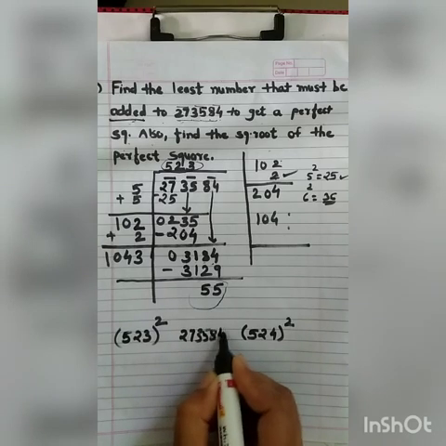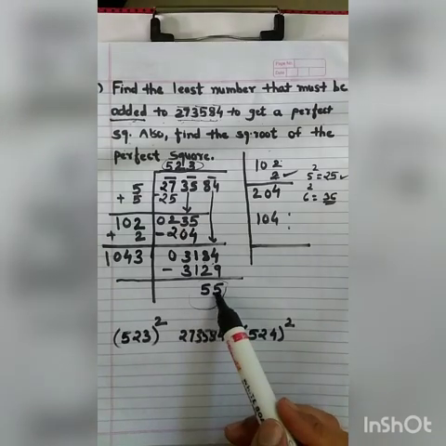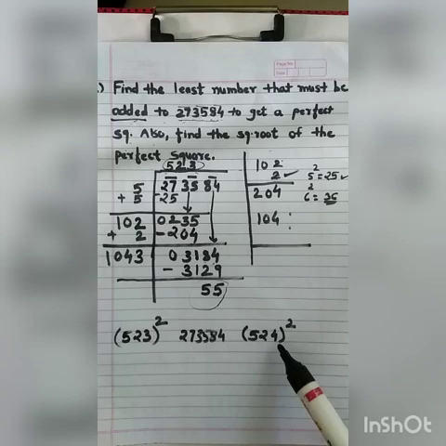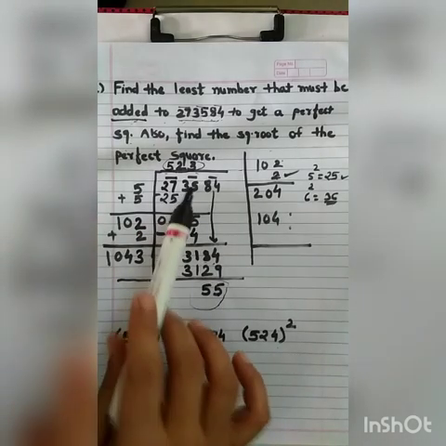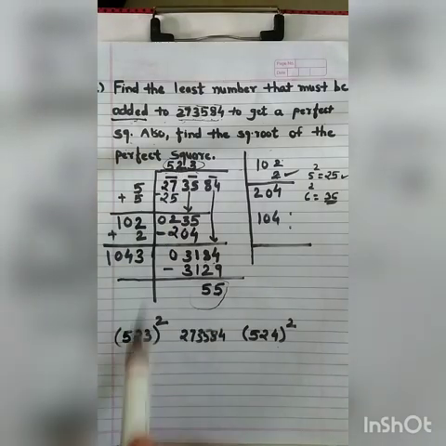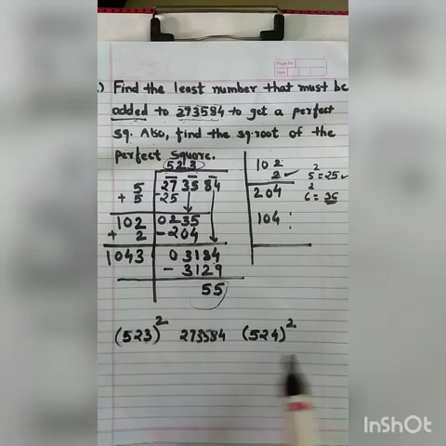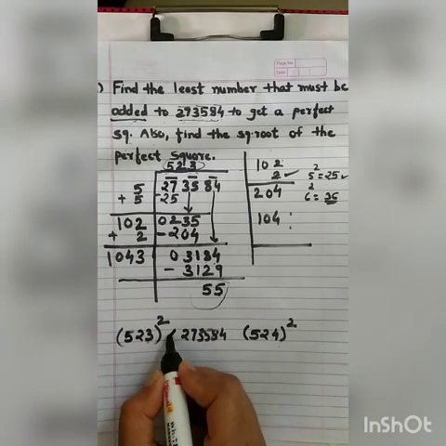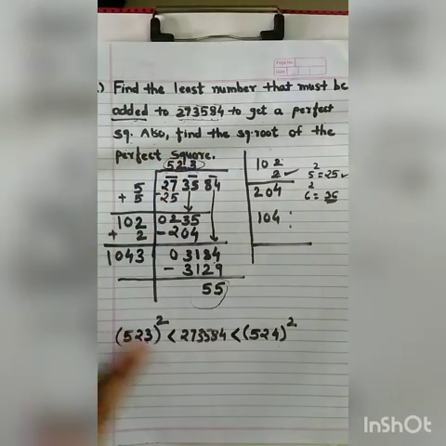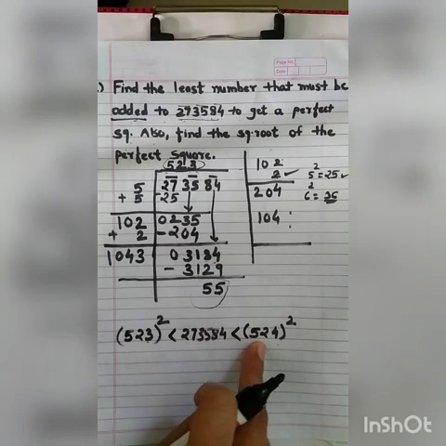It lies between 523 squared, which is smaller because we are getting a remainder, and the next number after 523, which is 524. So the given number is between the square of 523 and the square of 524. As 523 is smaller, for addition we have to add according to the square of 524.